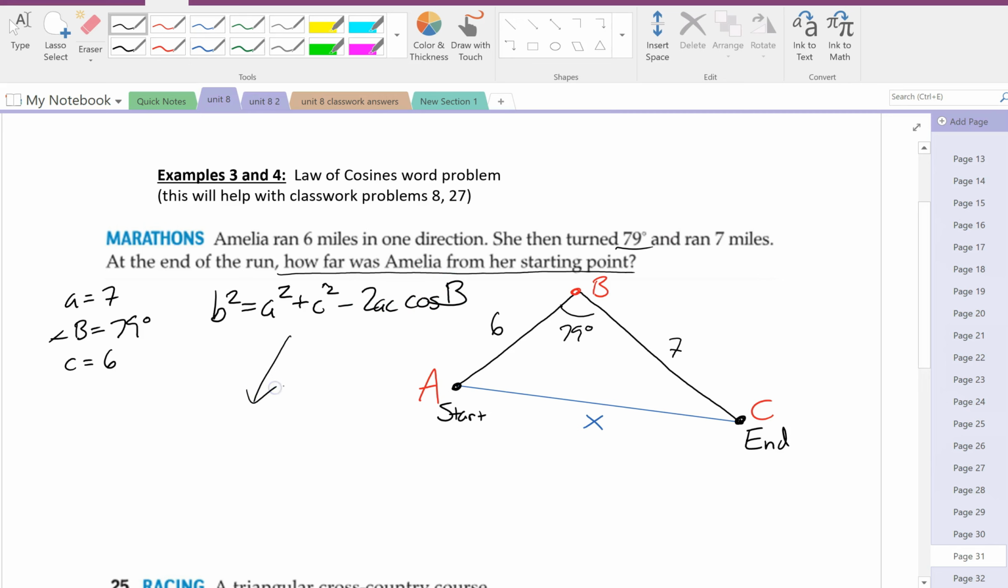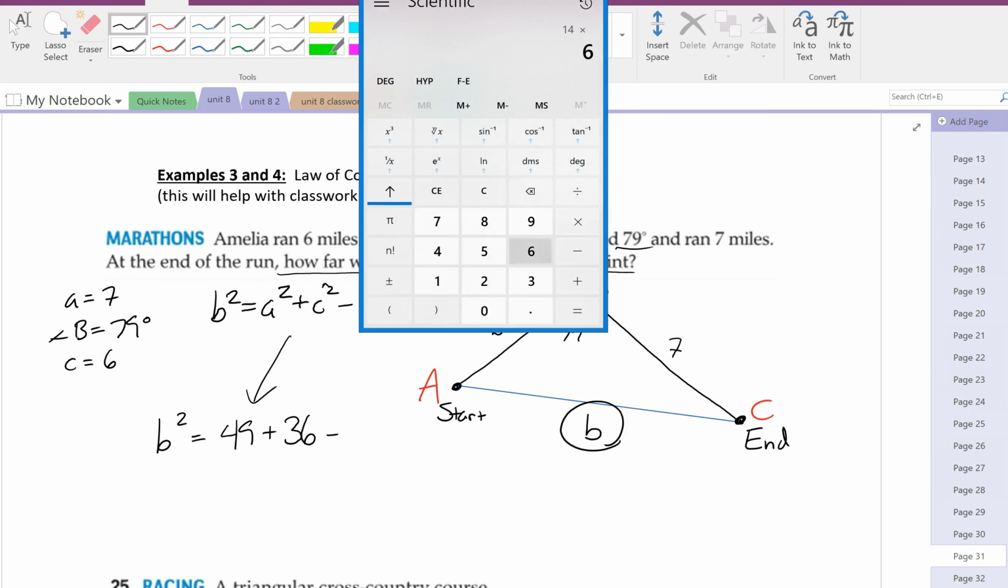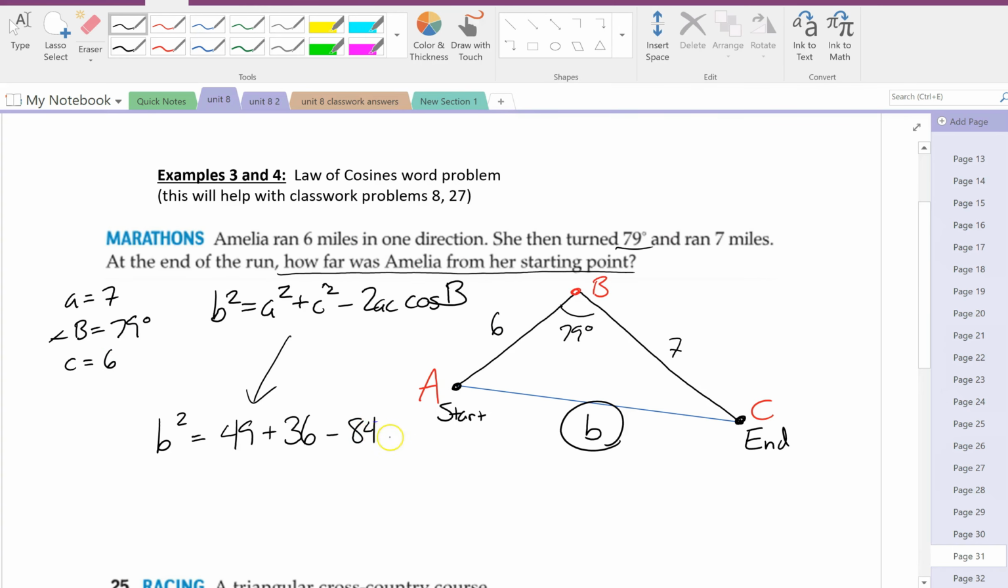Okay, now we start plugging things in. B, this is what I'm looking for right here. B squared equals, okay, A is 7, so it's going to be 49 because it's A squared. C squared, so C is 6, so C squared is 36. Minus 2 times A times C, so 2 times 7 is 14. 14 times 6, I'm going to use a calculator, 84, times the cosine of 79 degrees.